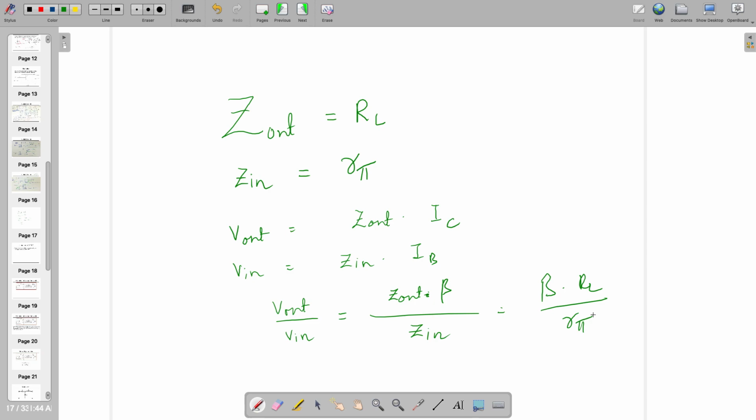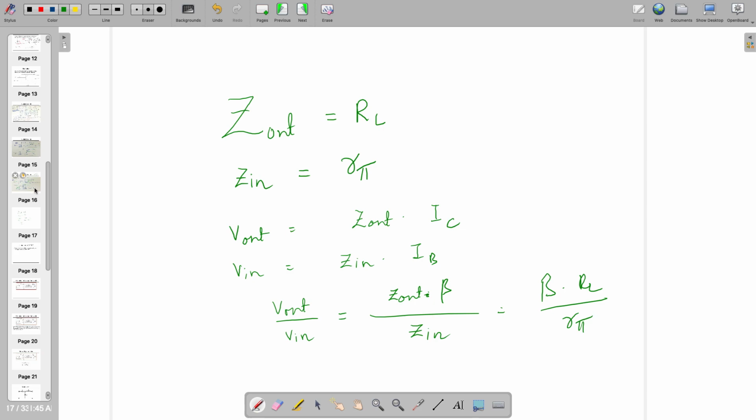So depending on Rn and Rpi, all this can be done. But still, this is with some approximation where we have not considered some things like base width modulation. I don't know whether you studied base width modulation. Then there are some approximations which we have not considered here. So all the first order effects have been taken. Second order effects have not been considered.